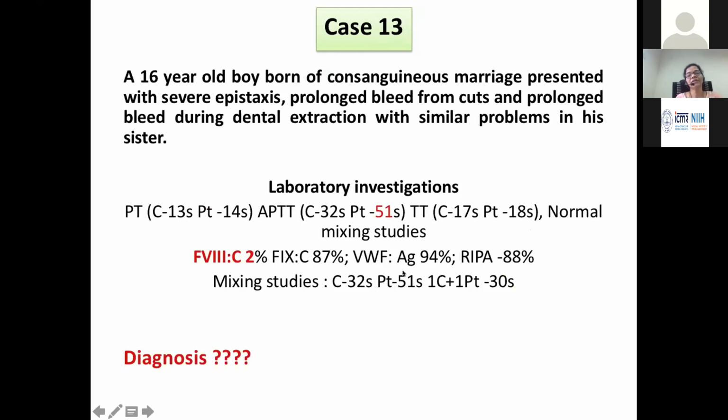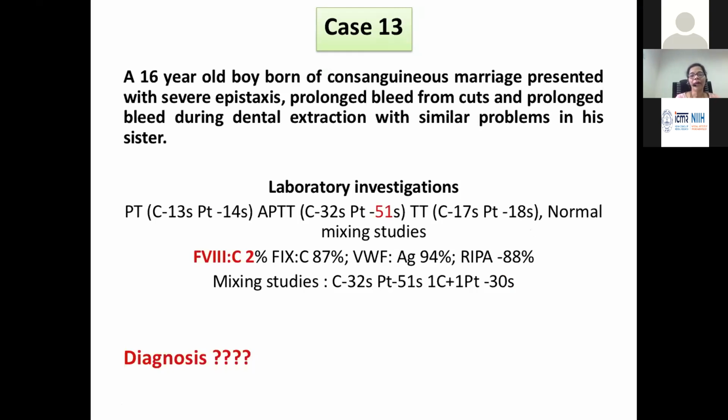Now, here a 16-year-old boy, born of consanguineous marriage, presented with severe epistaxis and prolonged bleed after dental extraction. There is a family history. The same problem is seen in his sister.